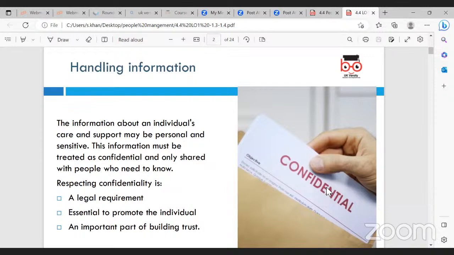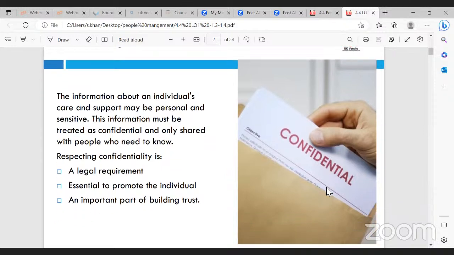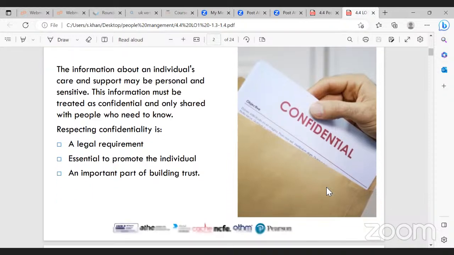It's essential to promote the individual and it's an important part of building trust. You can't go around talking about someone's case to another member of staff who doesn't work in that department, because it's confidentiality. Now, if the staff member needs to know anything about the patient, then that's different, but you can't just go around talking about patients just like that.